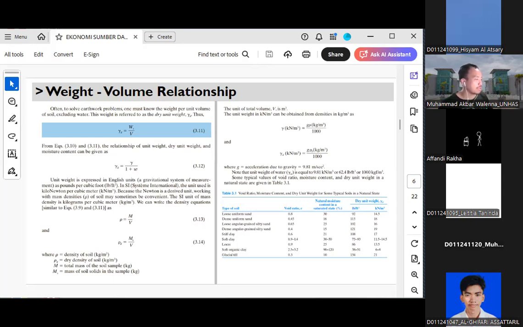And when it comes to the typical values, as they have been included in the tables, it helps you to understand different types of soils, how denser soils and looser soils differ, and how we should approach them.